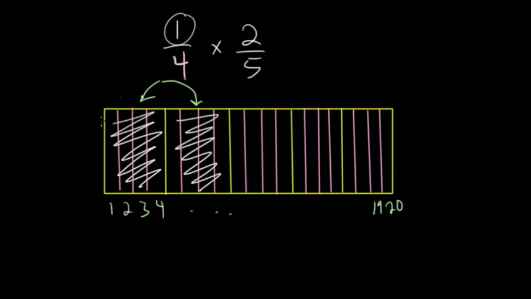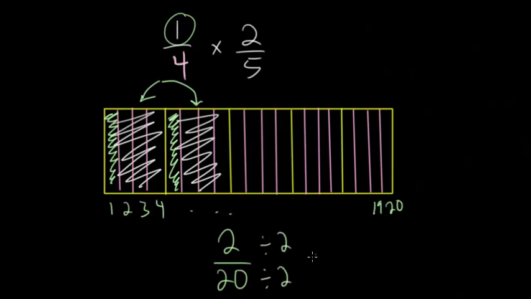So for instance, in this first white box, when we cut it into 4, we just want 1 of them. And for the second white box, when we cut it into 4, we again just want 1 of them. So in total, we ended up with 2 of these boxes out of the total of 20 that we cut it into. And since each of these is divisible by 2, we can simplify this fraction down to 1/10.